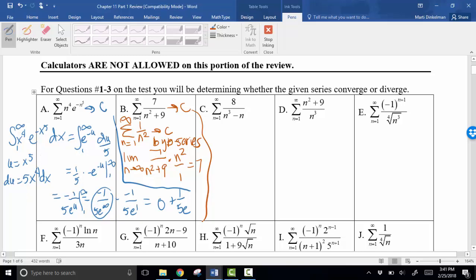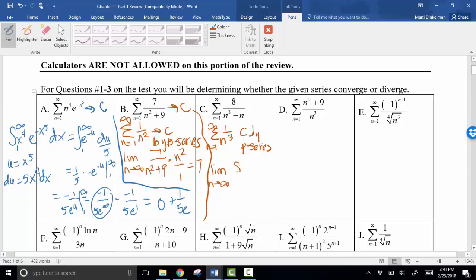Okay, so similar thing on letter C. I'm going to compare this to 1 over n cubed, which converges by p series. And again, we would really want to prove that using a limit.